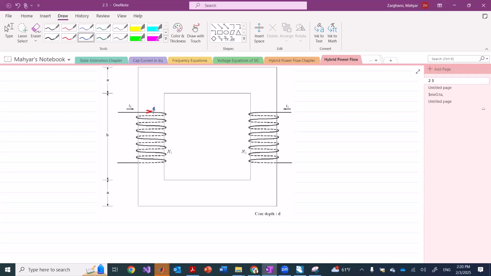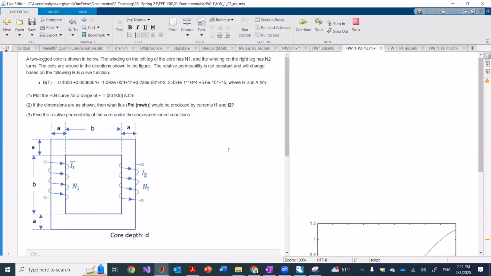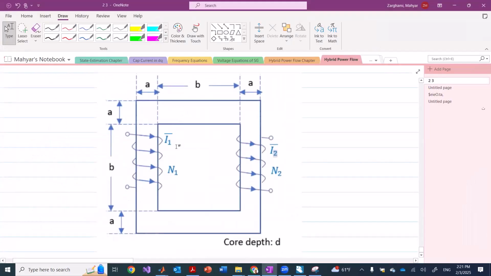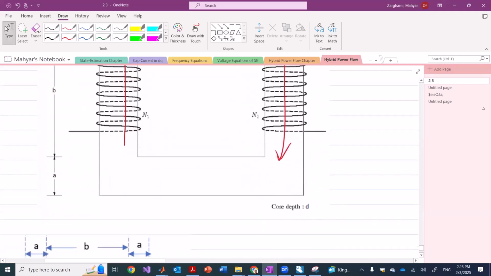So for this one, goes this way, or this one goes this way. So it's as if they are trying to follow each other. So they're adding to each other. For this one, look at here. This left side is similar to what you had in the previous problem. So it's going up. For the right side, it's again this way, right? So they just oppose each other. They try to cancel each other, in other words. Here, if you take basically the direction this way, that would be N1 I1 plus N2 I2.